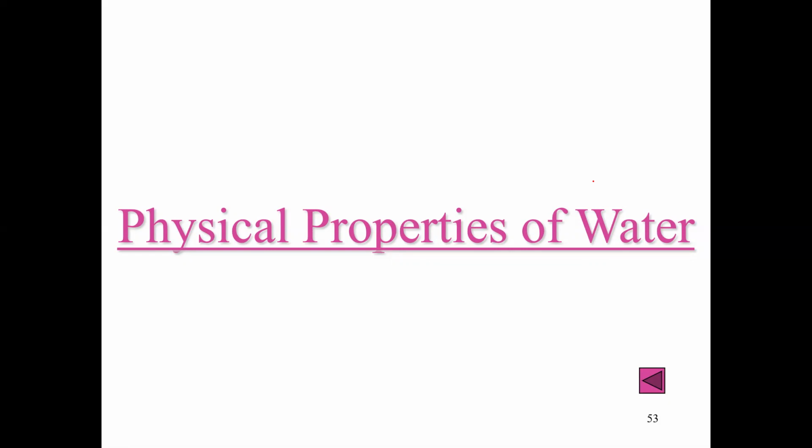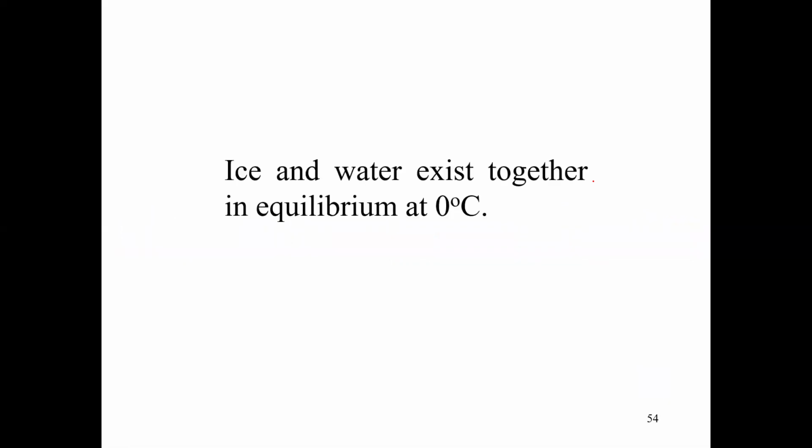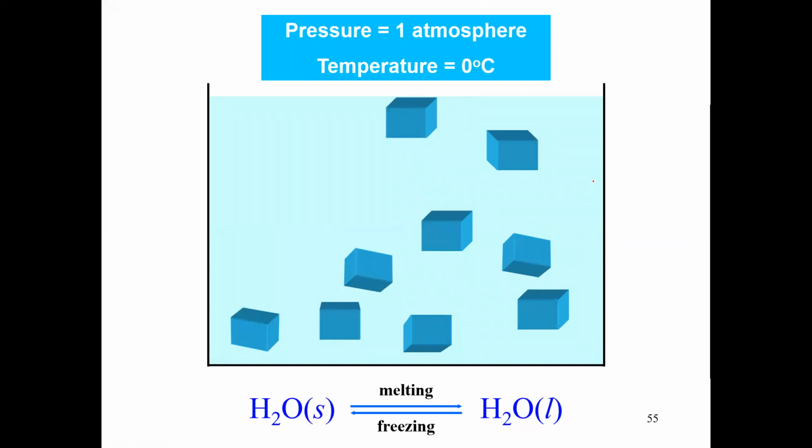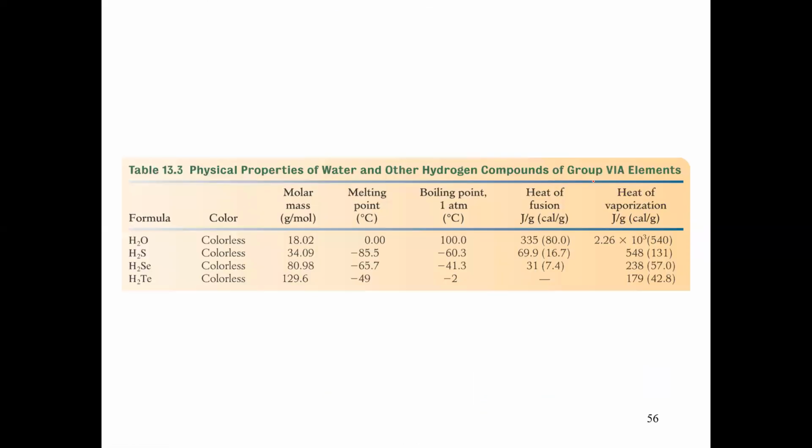Now, various physical properties of water here. Ice and water exist together in equilibrium at 0 degrees C. That's the freezing point. And when it's frozen, the heat of fusion is given there.